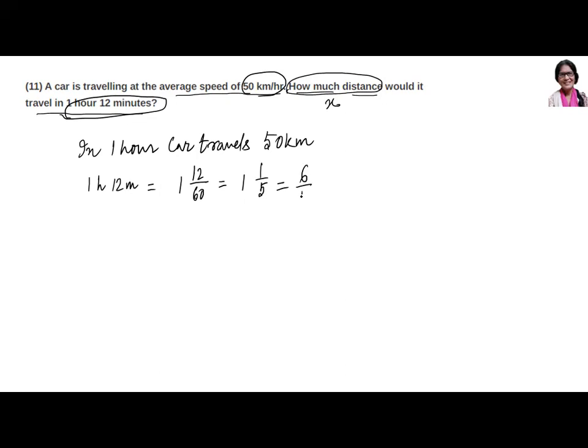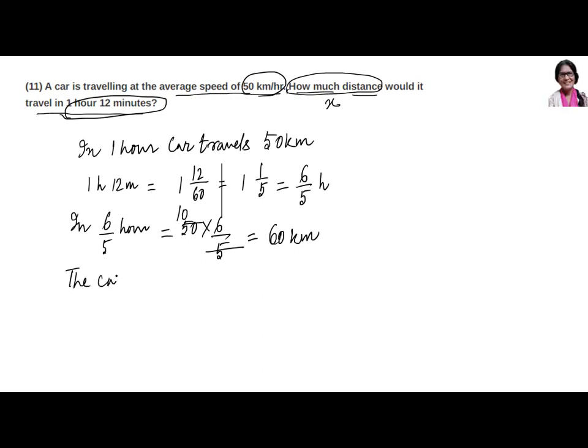It will be 6 by 5. So in 6 by 5 hour, it will be just your unitary method. I'll multiply 50 with 6 by 5. How much will it be? 50 cancel 10, so it will be 60 kilometer. So the car would travel 60 kilometer in 1 hour 12 minutes.